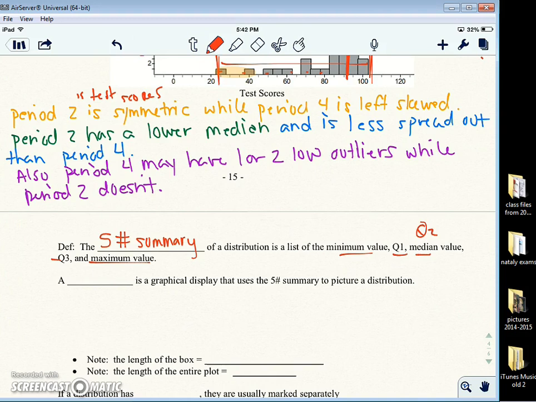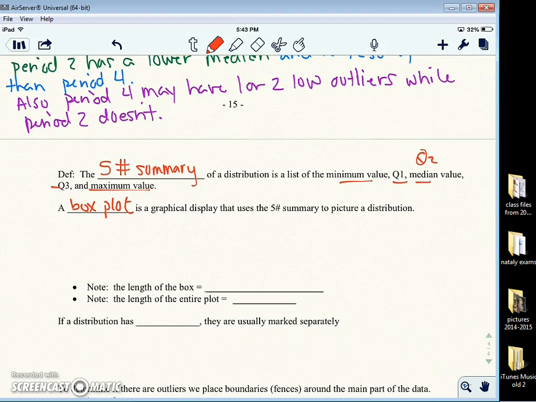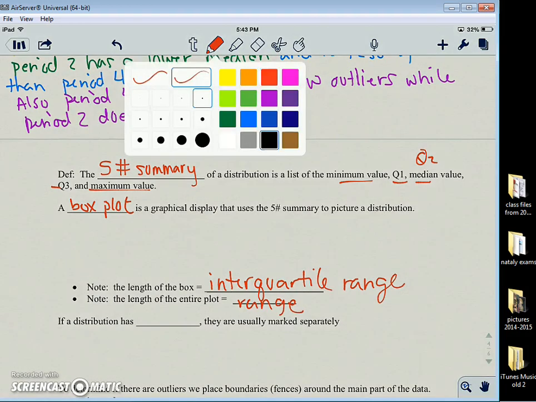Okay, a box plot is the graphical display that uses the 5-number summary to help picture a distribution. All right, note the length of the box in the middle of the box plot is the interquartile range. And the length of the entire plot is the range.